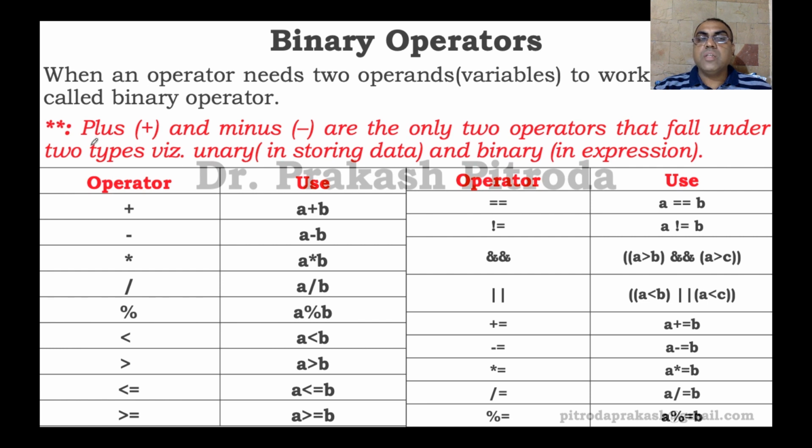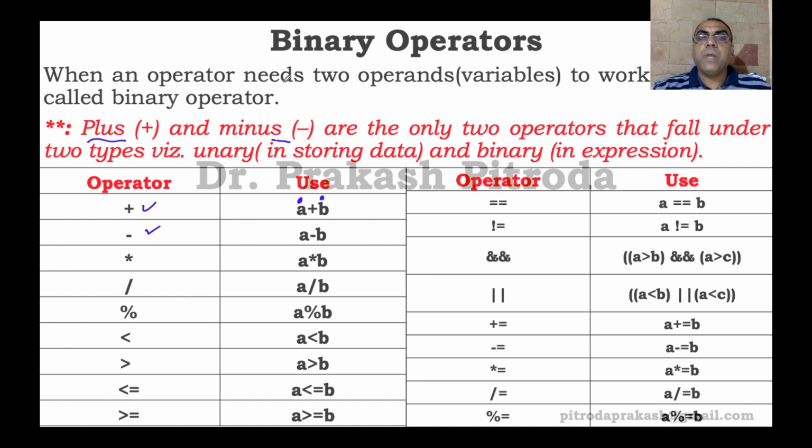I have already mentioned that plus and minus are the only two operators that fall under two categories. Here, plus and minus fall into an expression. If I'm using an addition, then I need a value here and a value here. So I need two values on which plus should work. Hence they are called binary.